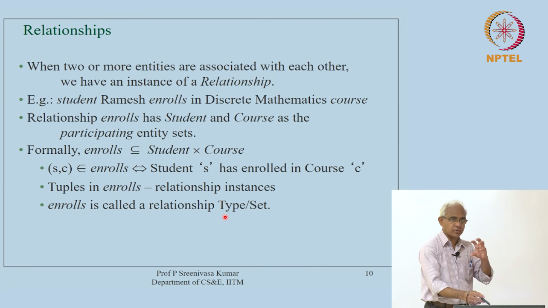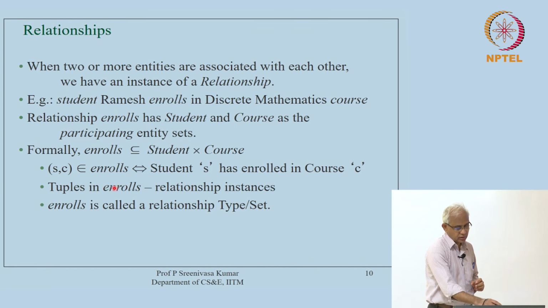So, enrolls is a relationship type, and there are several instances of this relationship, each of them having two components, which is student and course in this case.